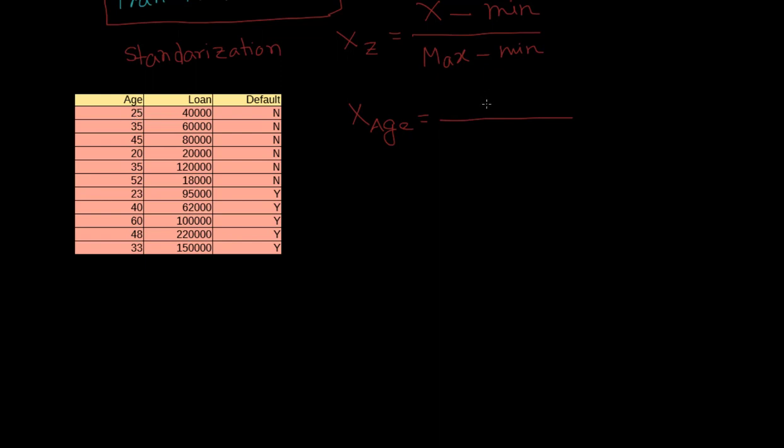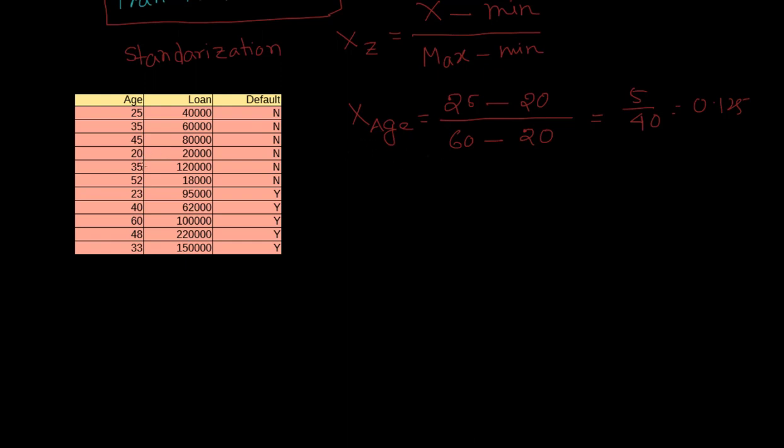For the first row it will be 25, right, minus the minimum value of age, that is 20 over here, right, minus 20. What is the maximum value of age? If I just go through it, it is 60, right, minus the minimum value of age, which is 20 again. So this will be the new value of age. I think this reduces to 5 over 40, that means 0.125, nearly. So similarly for loan also you can do similar calculations, right.